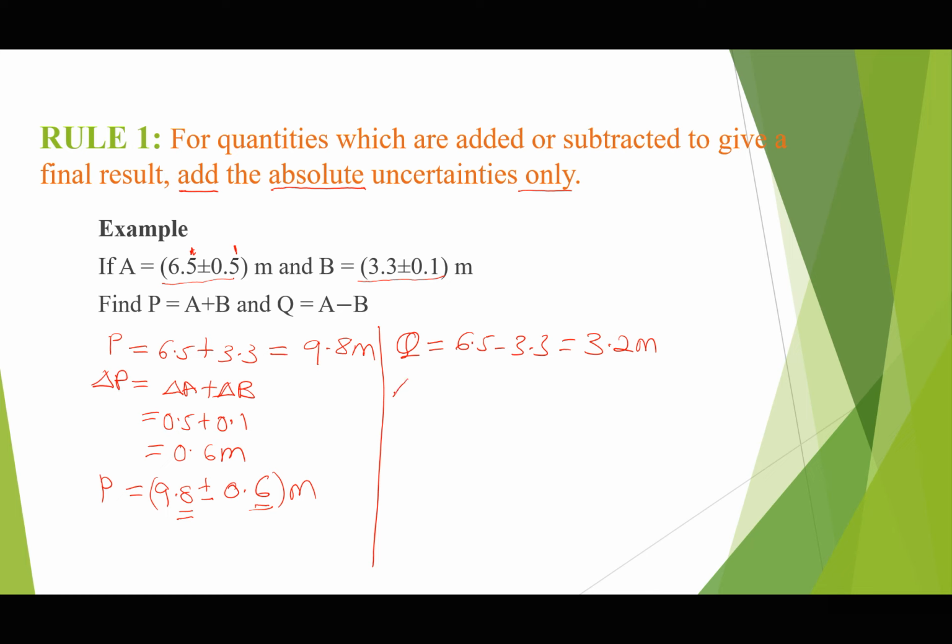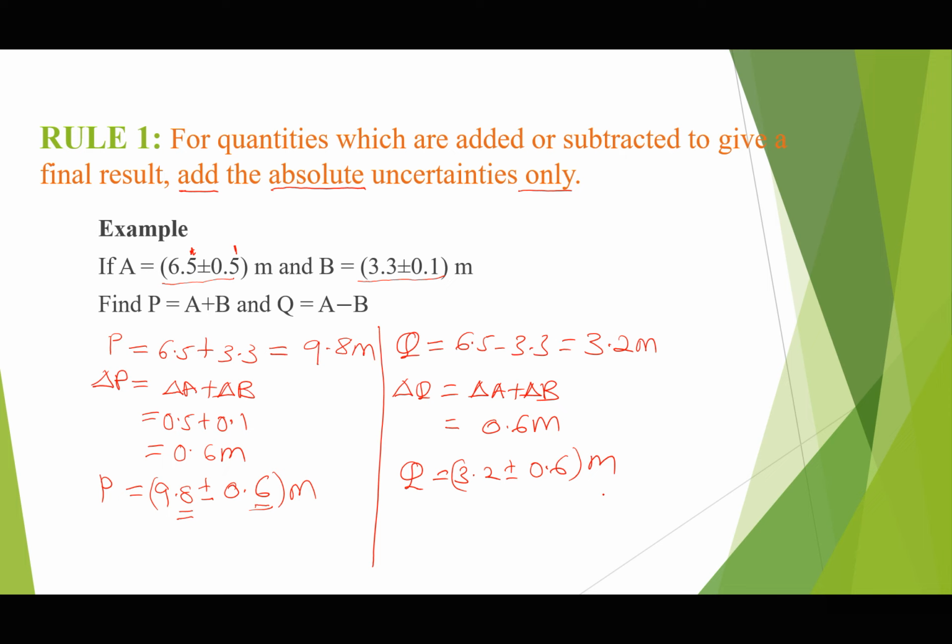That means the uncertainty in Q is going to be equal to the uncertainty in A still plus the uncertainty in B. We never subtract uncertainties. So when I put equal signs here, it means I will have the same uncertainty as before, 0.6. Therefore, I will write the true value of Q as 3.2 plus or minus 0.6. All this is in meters.